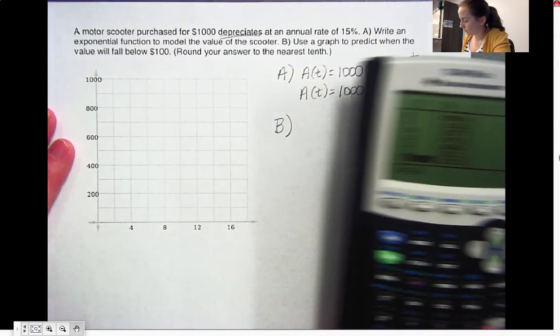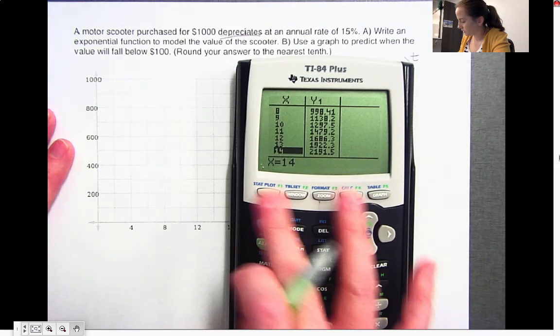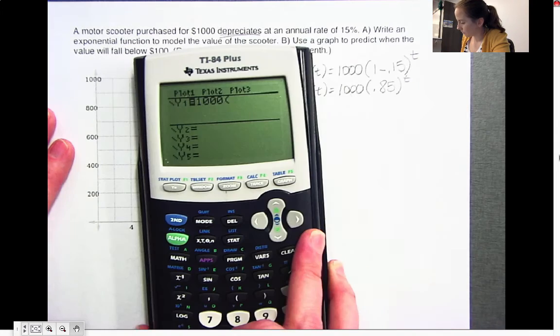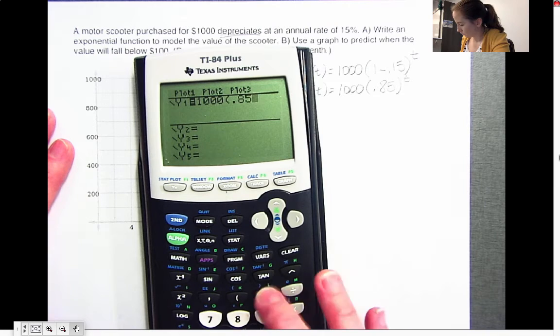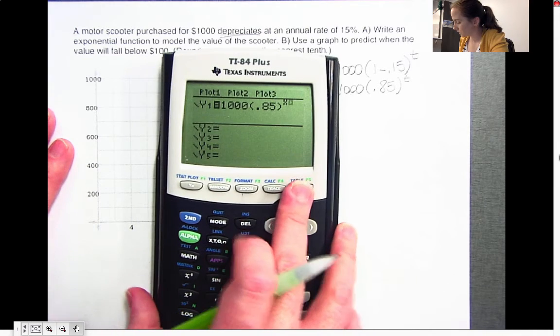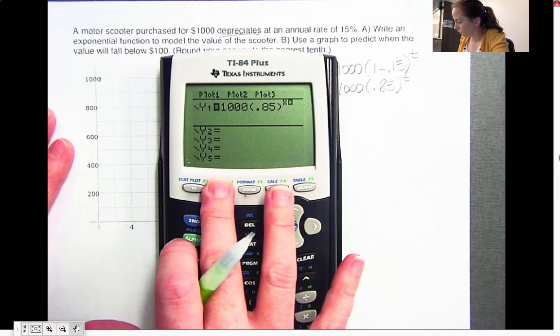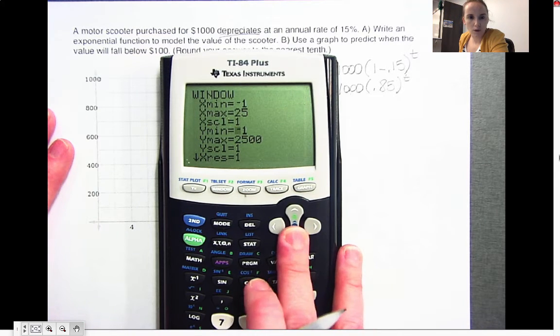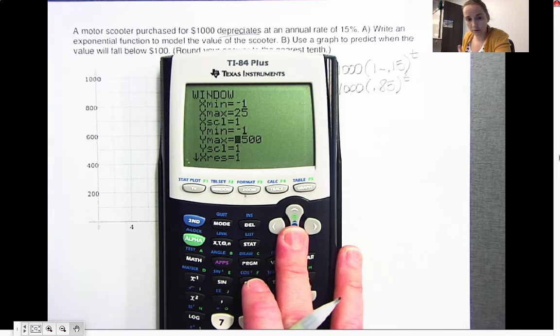Well, if we use our graph, let's plug this in. I'm going to go back to y equals, clear this out. We started at $1,000 and 0.85 raised to the x power. In the window, I don't need to go up so high on my y because it starts at $1,000 and it's decreasing in value.